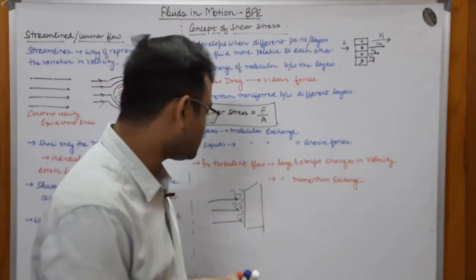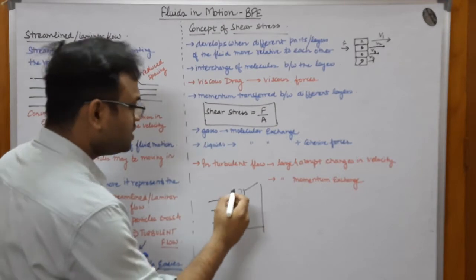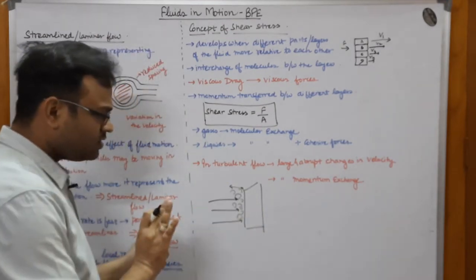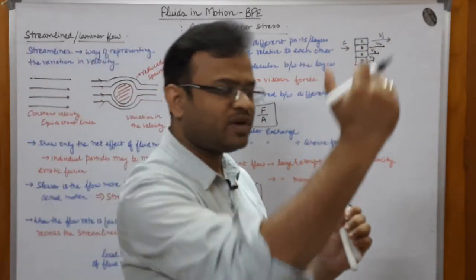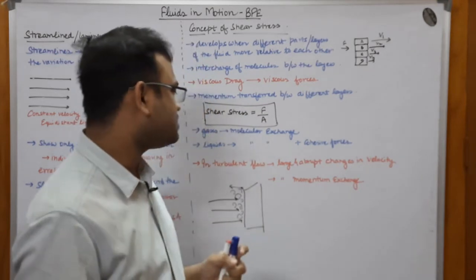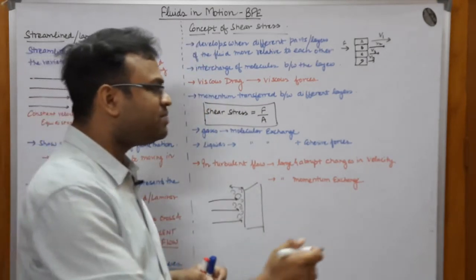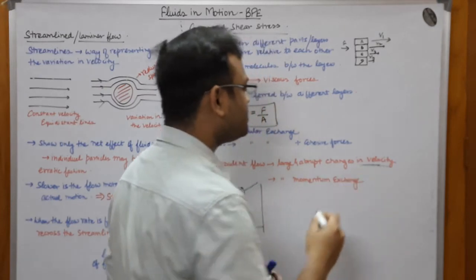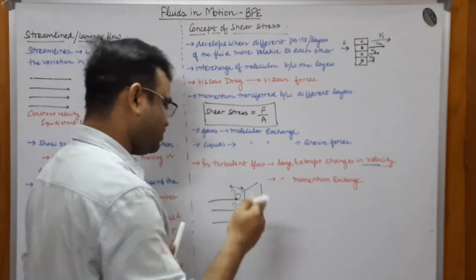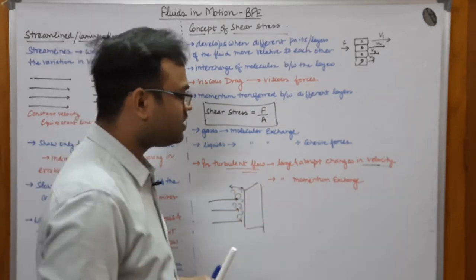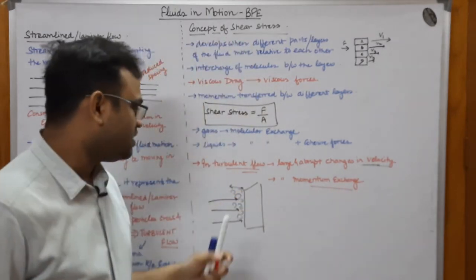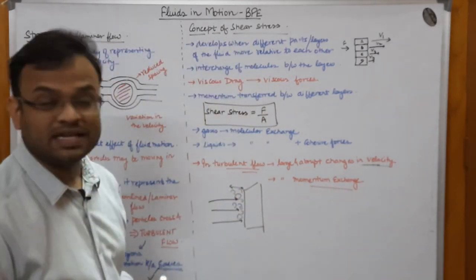It is a very, very small distance in which this is happening, and the velocity is suddenly decreasing from very high to very low. This is causing a large and abrupt change in velocity, which would result in the turbulent flow. This is why you can see a large momentum exchange, and this is why turbulence or eddies are formed.